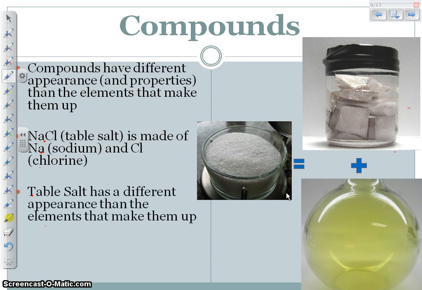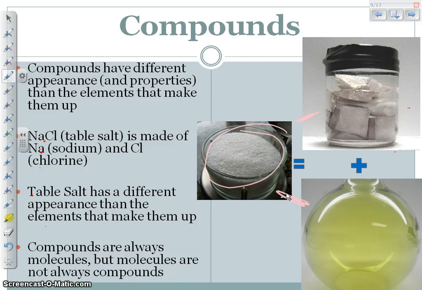So when you're eating salt, you happen to be eating a metal that blows up when it touches water, and a gas that's very, very, very poisonous. But when they combine together, they form table salt, which is totally safe in moderation. Obviously, too much of it, not good for your health, but in moderation, good and delicious. It makes my French fries taste better.